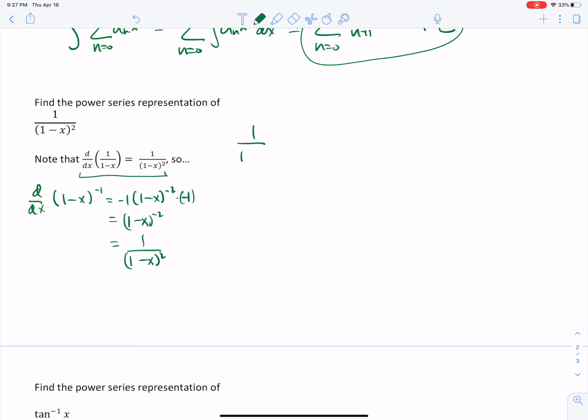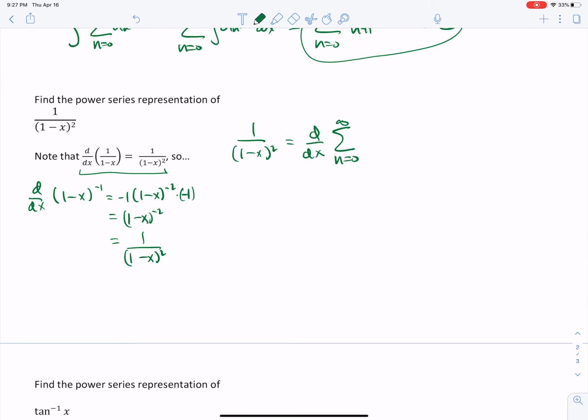So 1 over 1 minus x quantity squared is going to be the derivative of the power series representation for 1 over 1 minus x. But that's just summation n equals 0 to infinity x to the n. And so I'm going to make that be the sum of the derivatives of this.